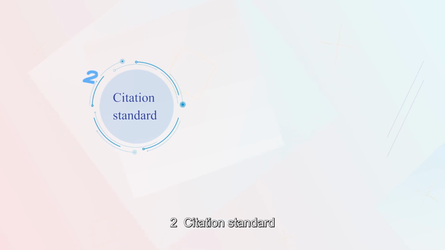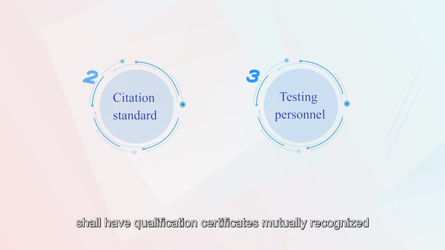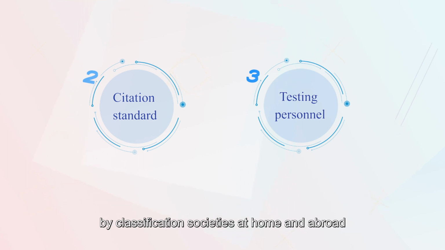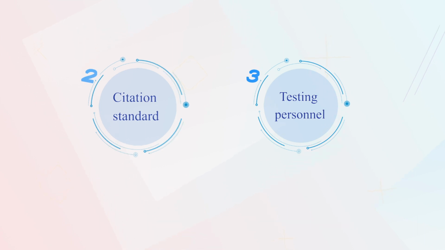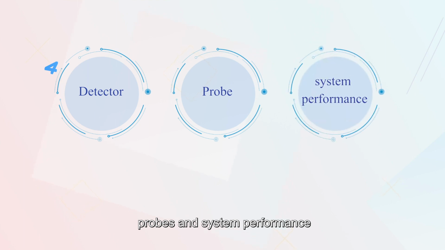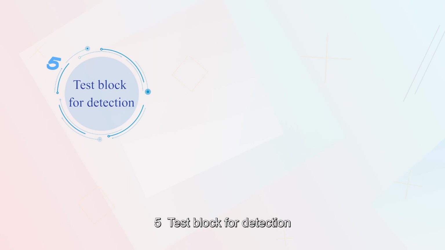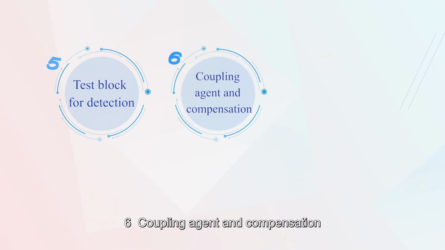2. Citation standard. 3. Testing personnel. Ultrasonic testing personnel shall have qualification certificates mutually recognized by classification societies at home and abroad. 4. Requirements for detectors, probes, and system performance. 5. Test block for detection. 6.